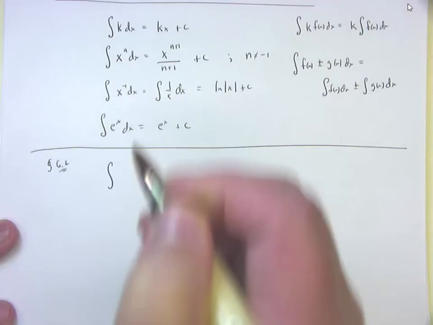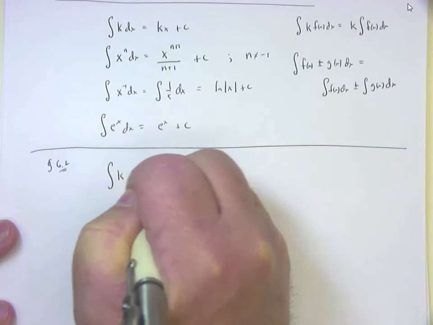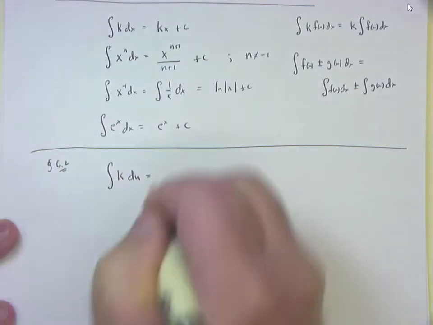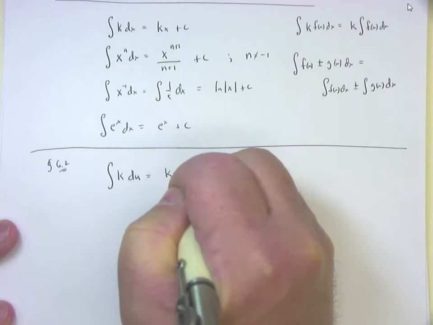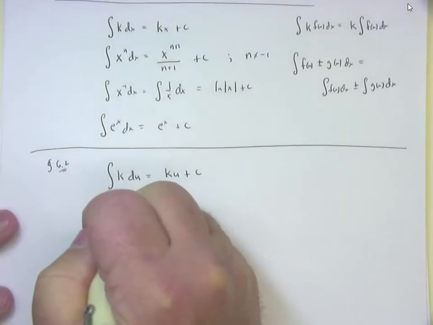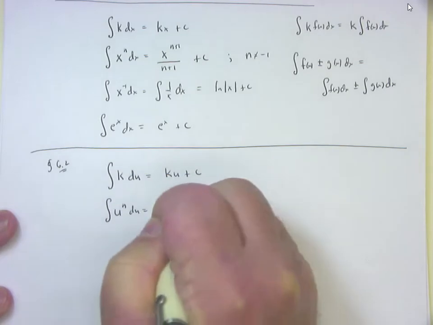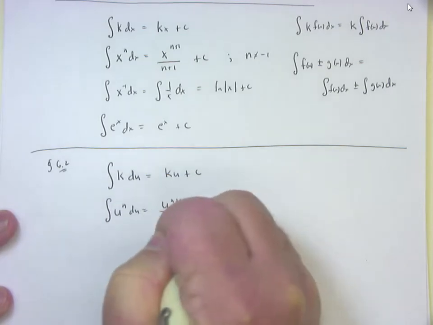Rules, again, just switching them over. The integral of a constant du is going to equal a constant times u plus c. You're replacing the arbitrary x standard variable with the u. The next one is the integral of u to the n du is equal to u to the n plus 1 over n plus 1, plus c.